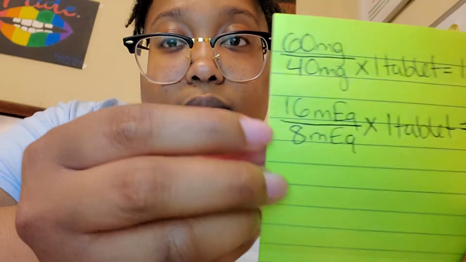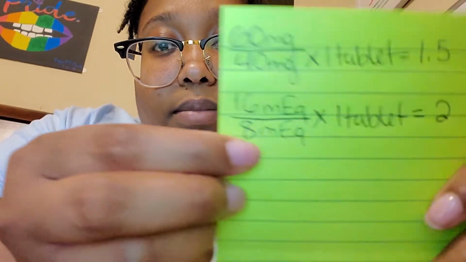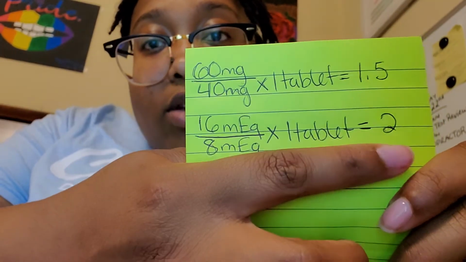That's what I've written here. So 16 divided by 8 times 1 tablet equals 2. So when we administer potassium to our patient, we're going to give him 2 tablets because each tablet is only 8 milliequivalents.